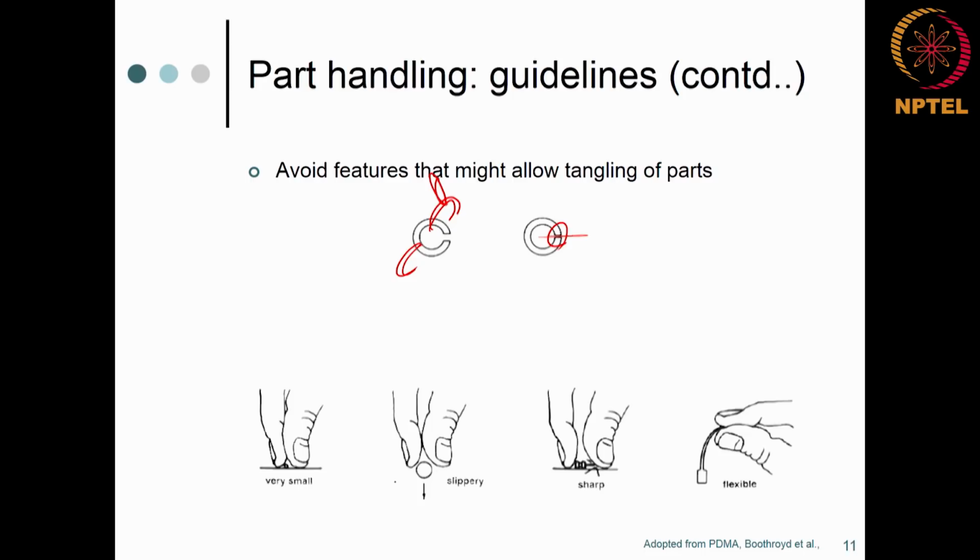If you design something, maybe with sharp edges, like a cube rather than a sphere, it is always easier to handle a cube. That's why the fingers are also given. And then not to have a sharp design, a flexible design. If you cannot avoid any of these situations, then proper handling needs to be advised. You cannot use the fingers because you will end up hurting your fingers.